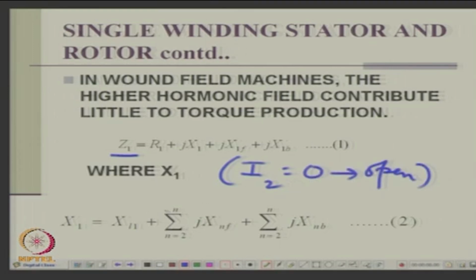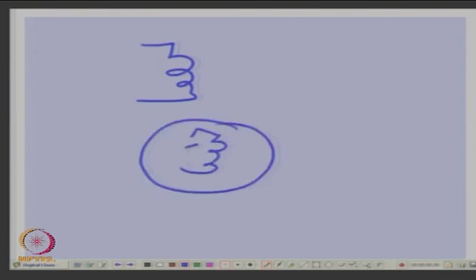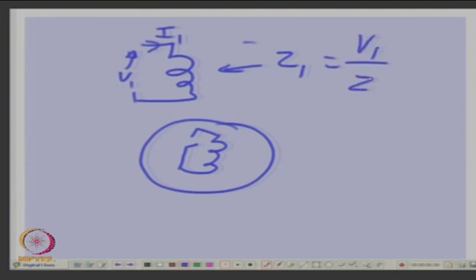When we took this first winding, what we are trying to say is, what will be the impedance when the other winding is open. So this is Z1, which is nothing but whatever voltage you apply, V1, divided by I1.